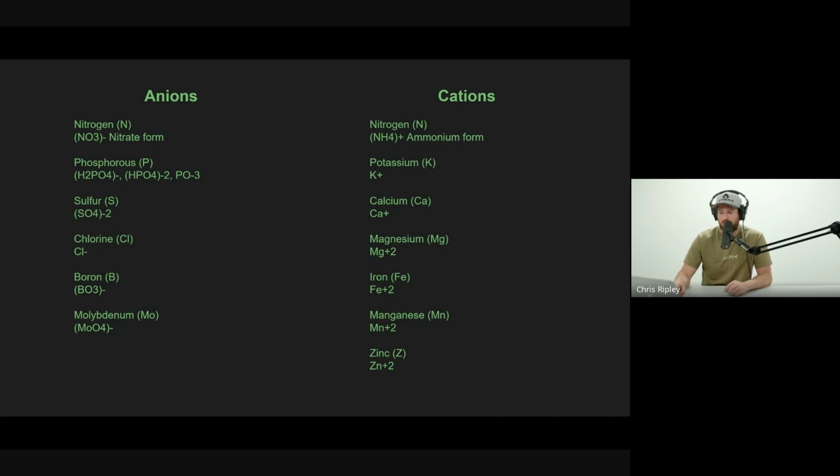Depending on your nutrient composition, what chemicals are in your nutrients, nitrogen can be negatively or positively charged. On the left side are the negatively charged nutrients. In most cases, phosphorus, sulfur, chlorine, boron, and molybdenum. Then the cations over here are potassium, calcium, magnesium, iron, manganese, and zinc.